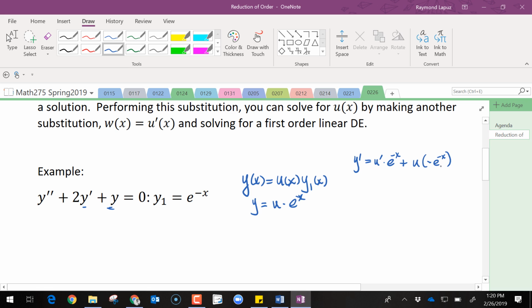So we have y prime. Y double prime is going to be derivative of the first times the second plus the first times the derivative of the second, plus do the same thing over here.